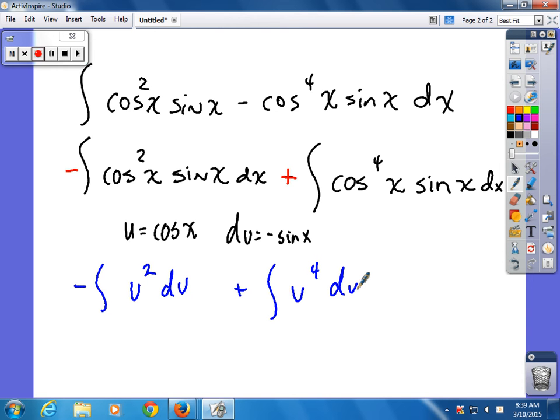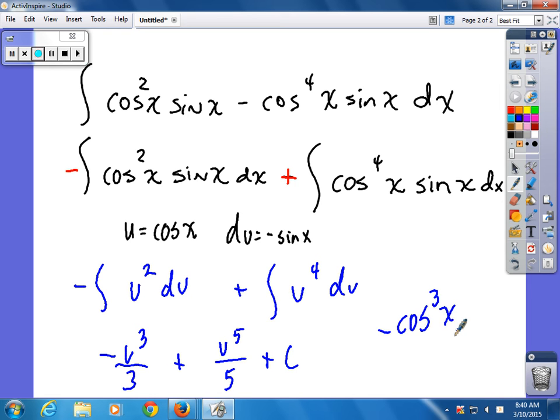And that'll give you negative u to the third over 3 plus u to the fifth over 5 plus c, and u is what? Cosine cubed x over 3 plus cosine fifth x over 5 plus what?